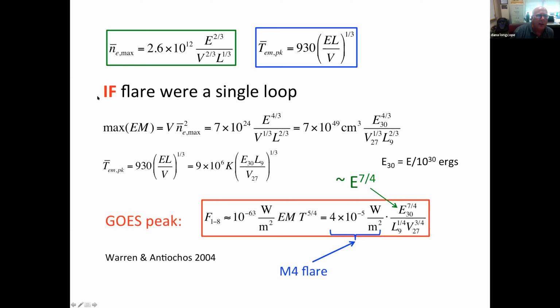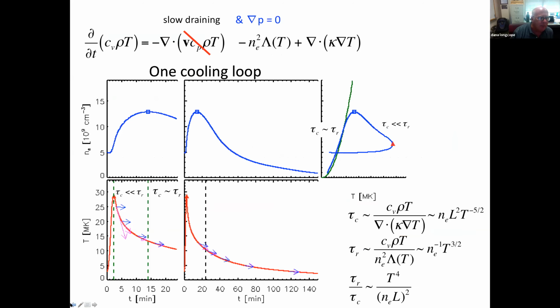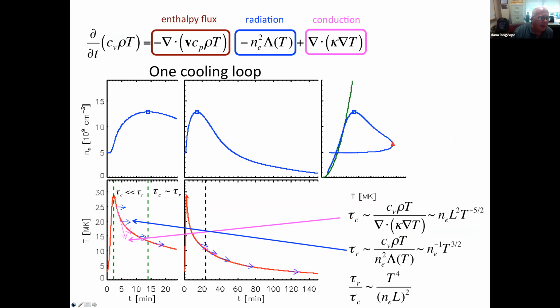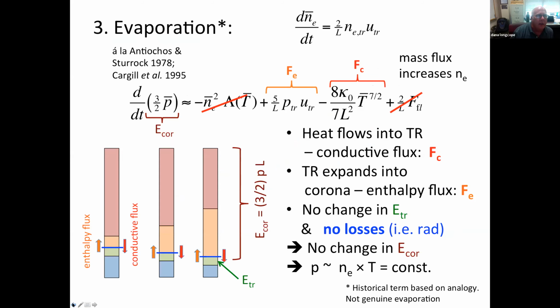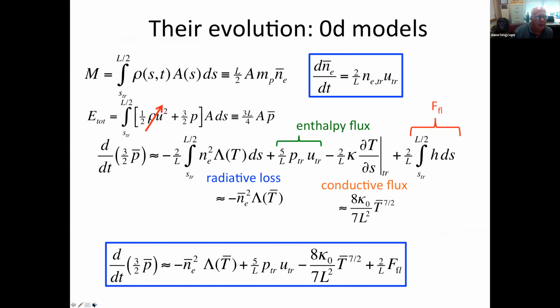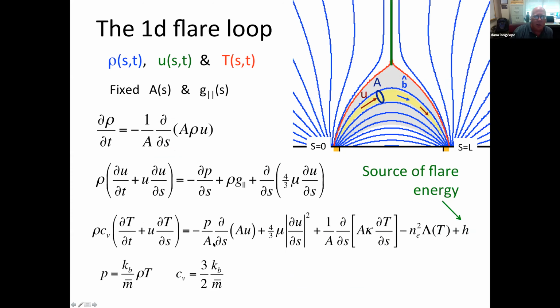If we're dealing with a flare that we really think is a single one of these loops, I'm going to go all the way back just to point out where all this comes from. After all my talking, it all comes from solving this equation here, which is just an integrated version of these three equations.